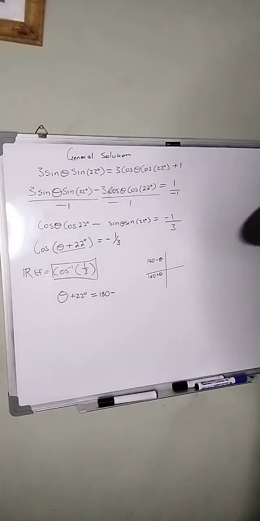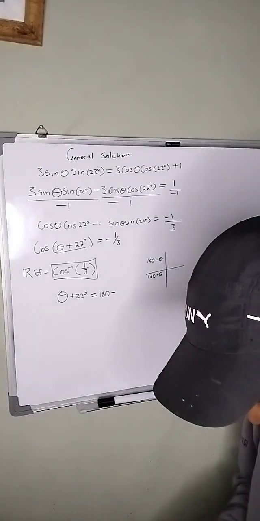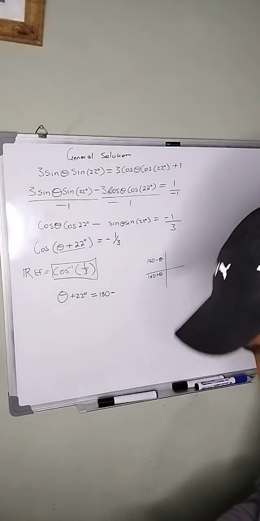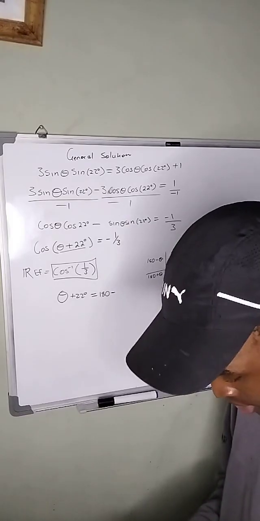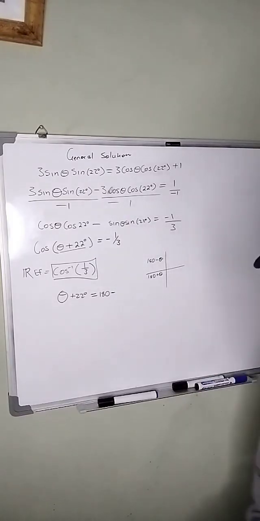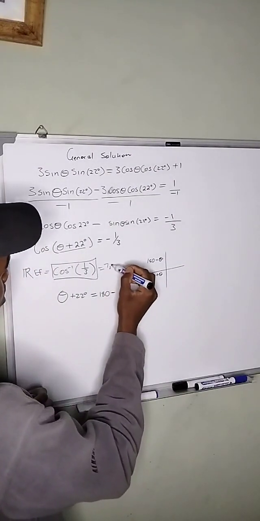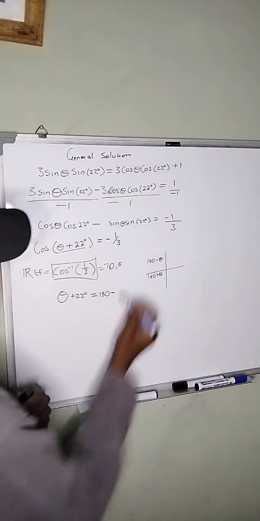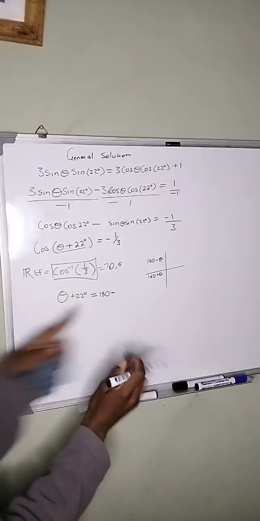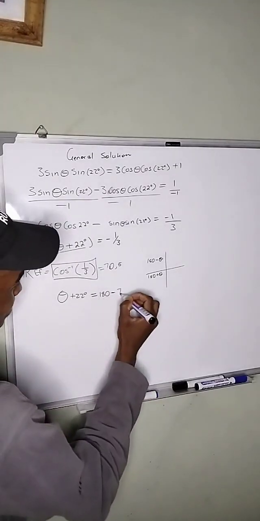What is going to be my reference angle? One over 3. Yes, thank you very much. 70,5. Thank you. So this is going to be equal to 70,5. So this is going to be 180 minus 70,5.